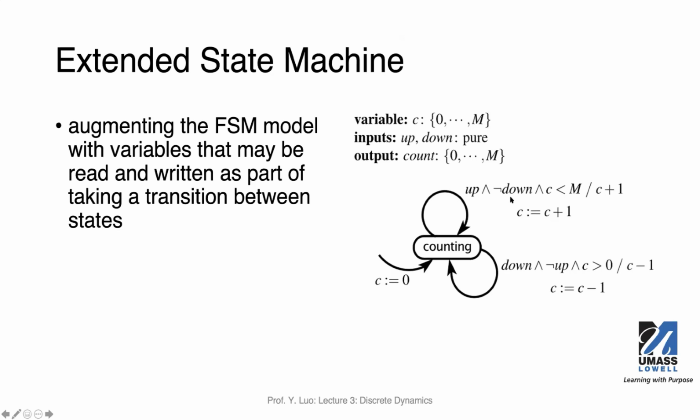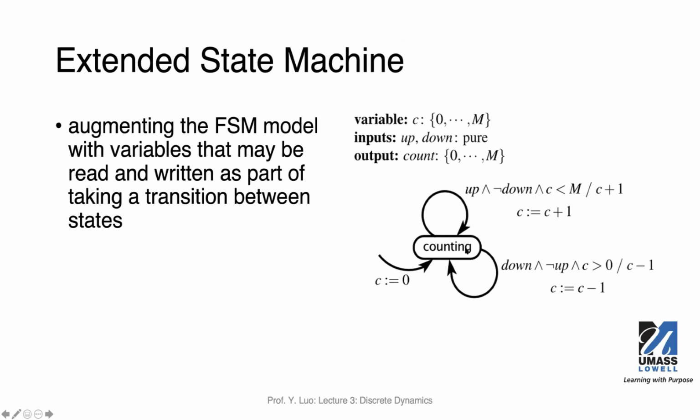The guard is up and not down, and C less than m. As you can tell, this is easy to understand. If there's a car going in and no car going out, so this is present, this is absent, and the garage is not full, we're going to take this transition.